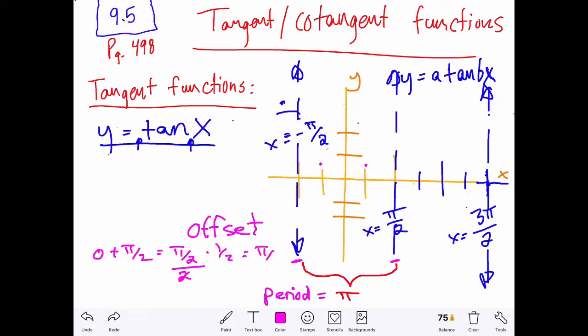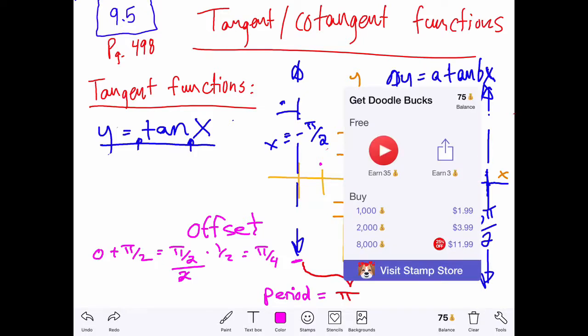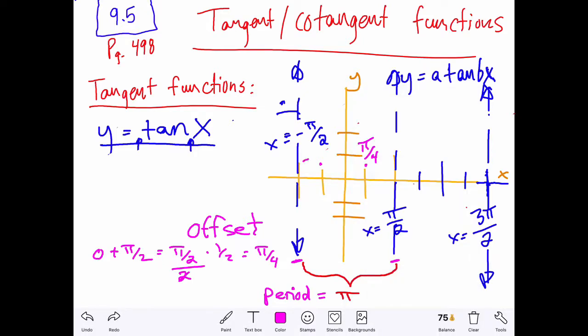That's pi fourths. So this location here is pi fourths. And also, this location would be negative pi fourths. So we want to find those intermediate locations in between our asymptotes. And we can do that by taking whatever that first asymptote location is and essentially dividing it in half again. And then, of course, we have a location of 0.